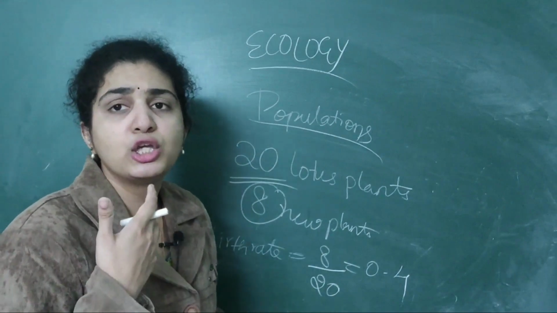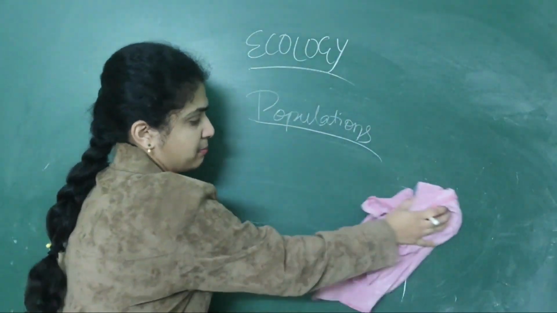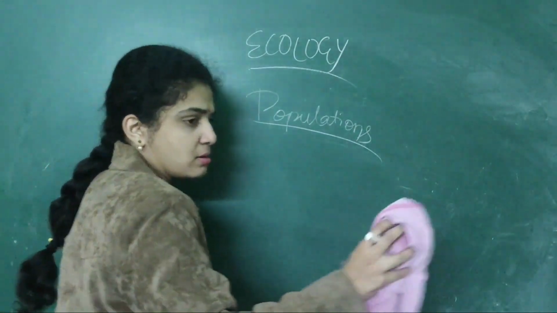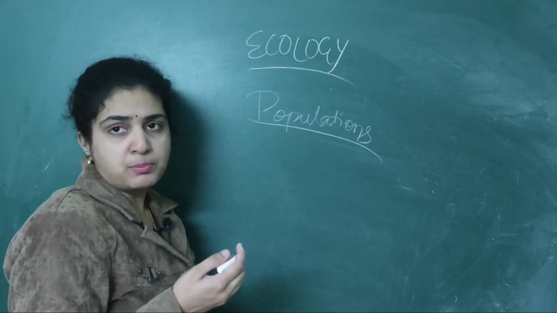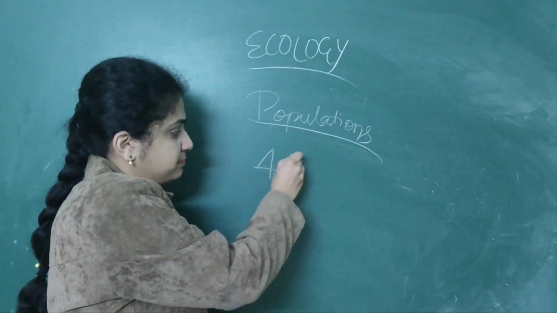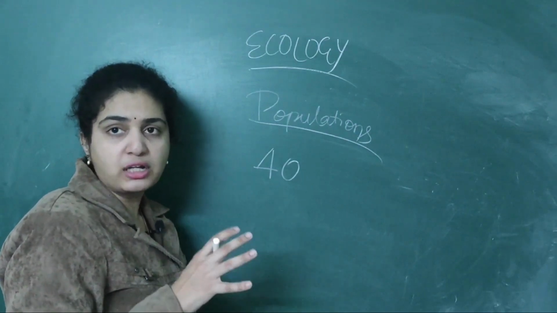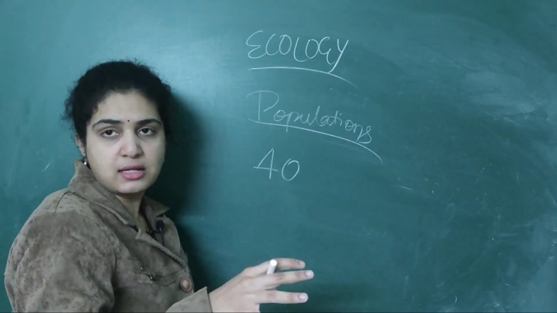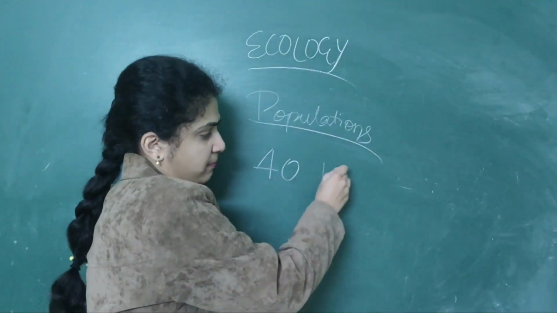Suppose you want to calculate death rate, I will give you another example. Suppose 40 fruit flies are present in an area, or say 40 birds are present in an area.